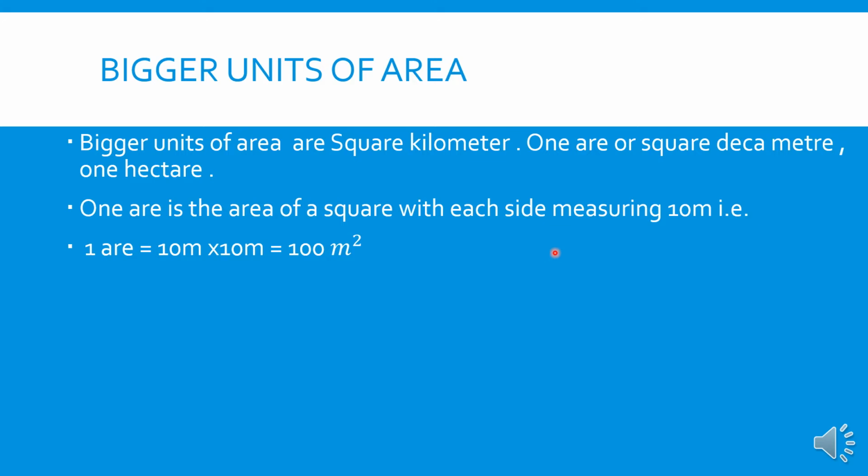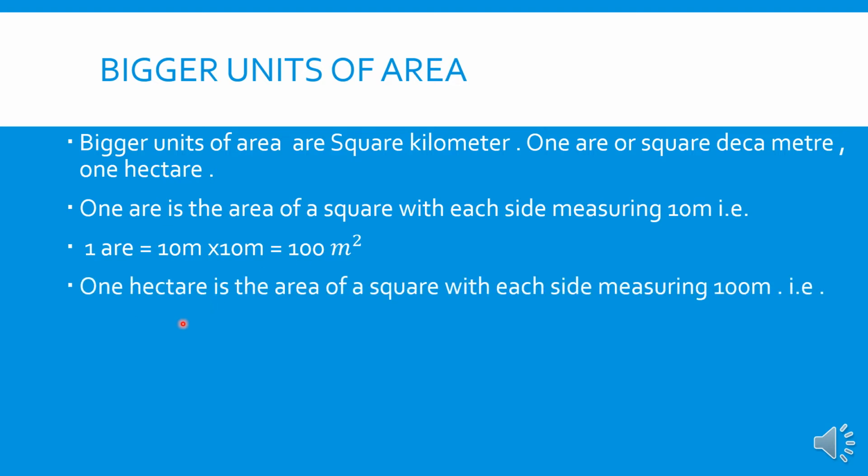If one side is 10 meter, it means all 4 sides will be 10 meter. So what do you mean by area? Area of the square equals side multiplied by side. So 1 are equals length and breadth, that is side multiplied by side, 10 meter multiplied by 10 meter equals 100 meter square.